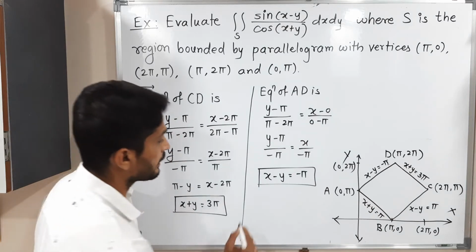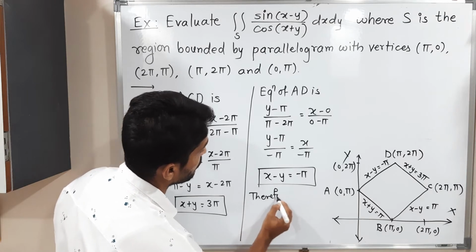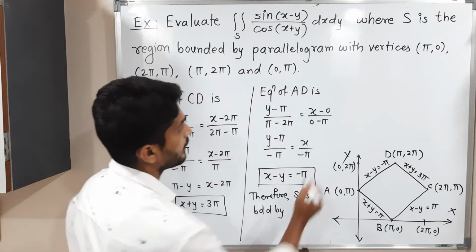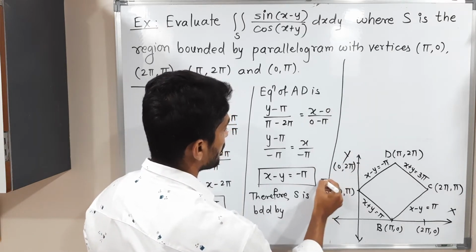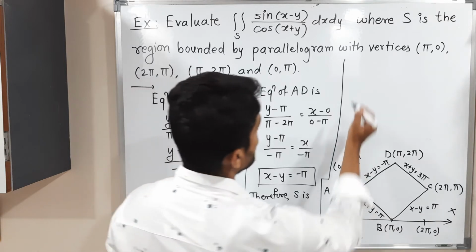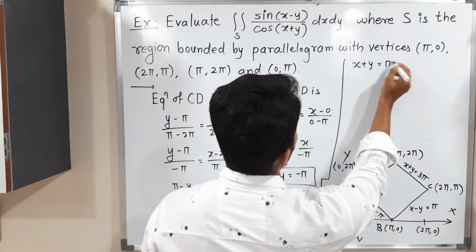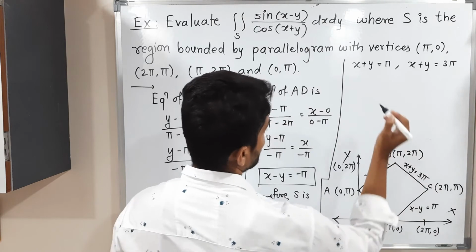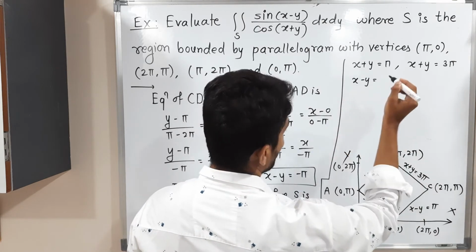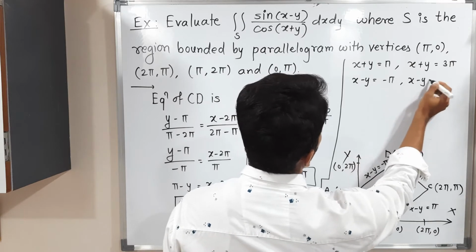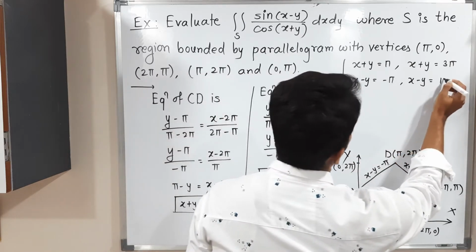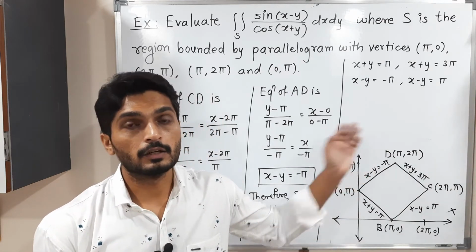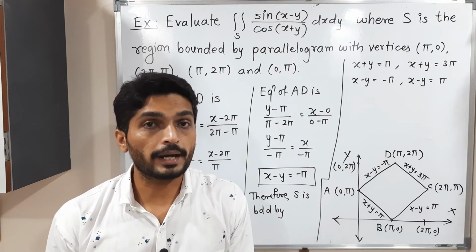Therefore, S is bounded by the first line x plus y equals pi, next x plus y equals 3pi, next x minus y equals minus pi, and x minus y equals pi. Now you can see that the left-hand sides only have the terms x minus y and x plus y.